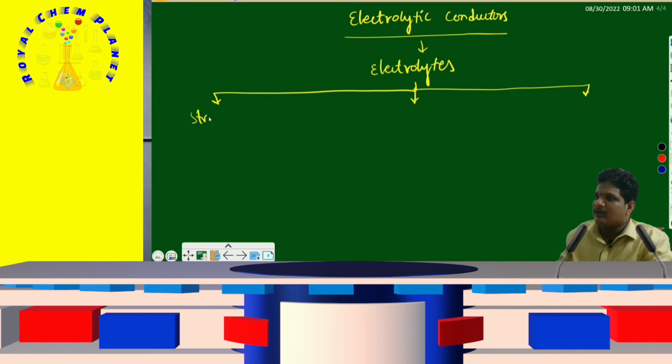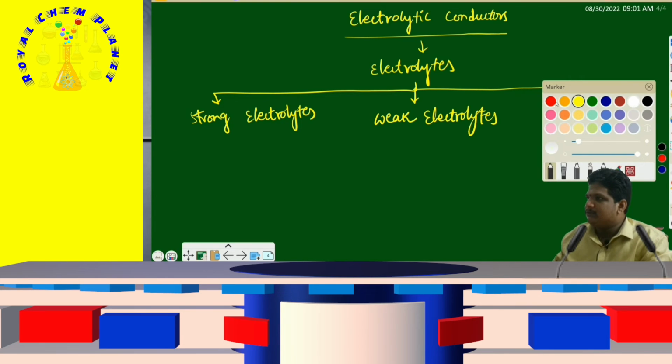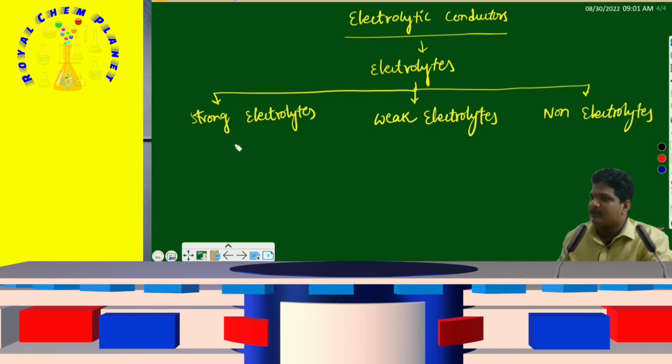One is strong electrolytes, the second is weak electrolytes, and the third is non-electrolytes.